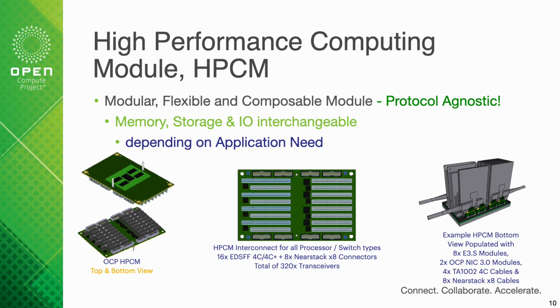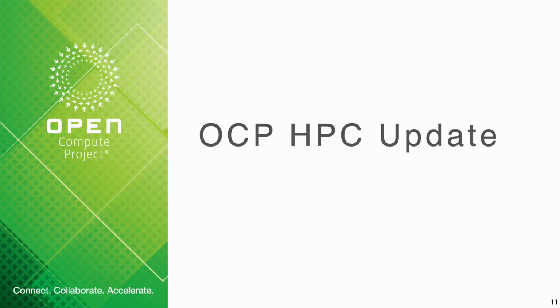And on the right, we've given an example of E3 modules, NIC 3.0 modules, and cables plugged into the module. Again, I stress for you to watch the main presentation to get a better understanding of this. And if you look at this, it looks very much like the block diagram. I believe we can get to those energy targets with this physical architecture.